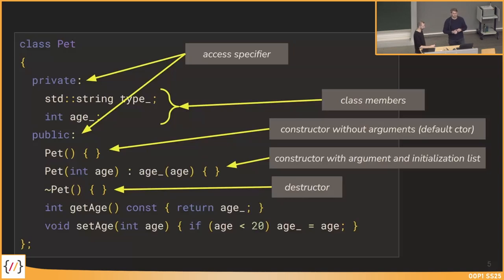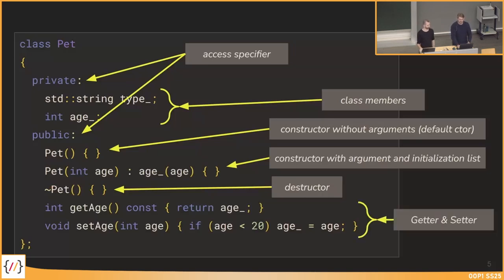The difference between the constructor and the destructor regarding the syntax is that we have the tilde symbol in front of the destructor. The constructor is called when we create an object, the destructor is called when an object is removed.